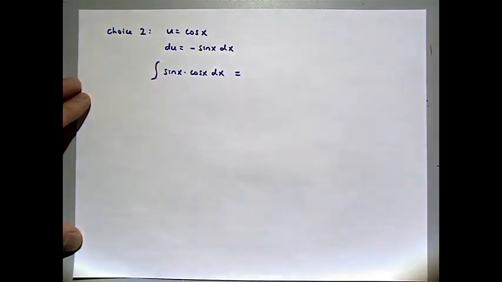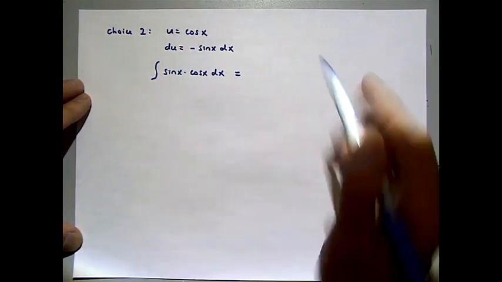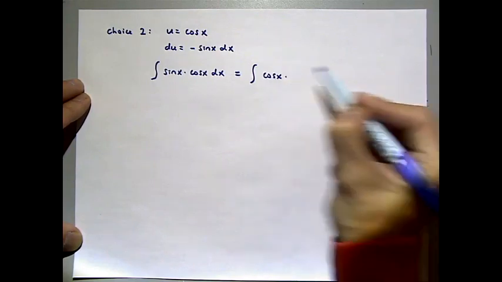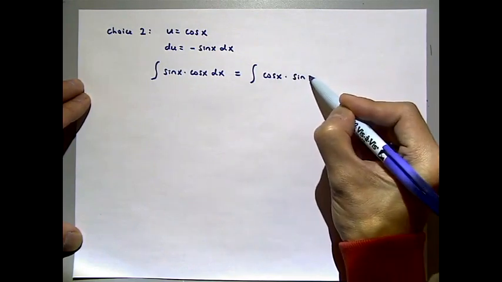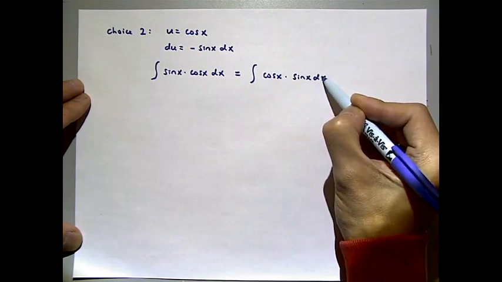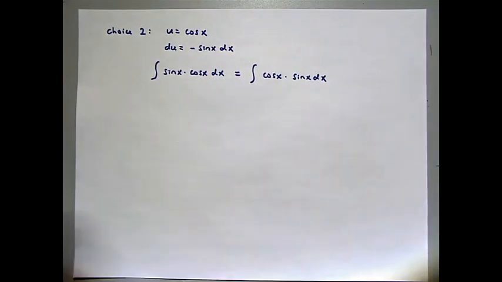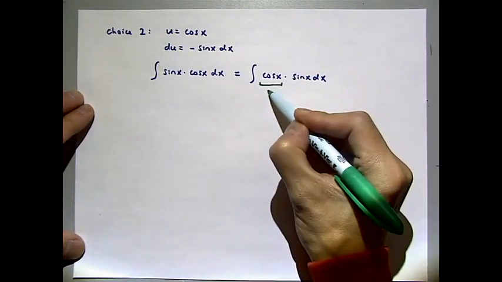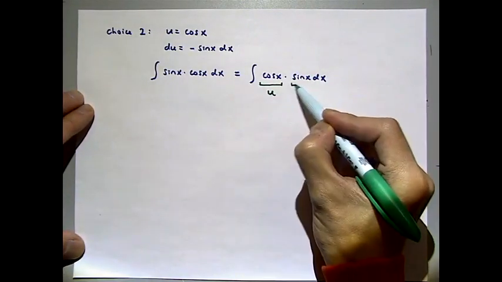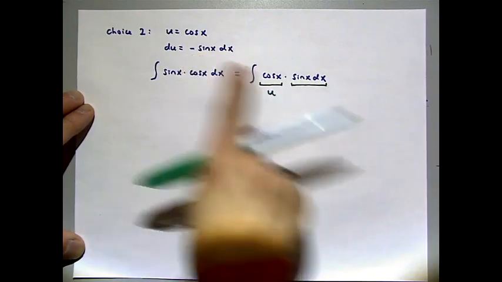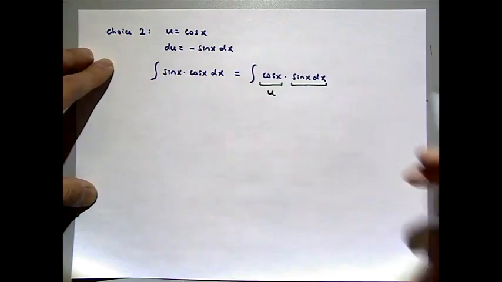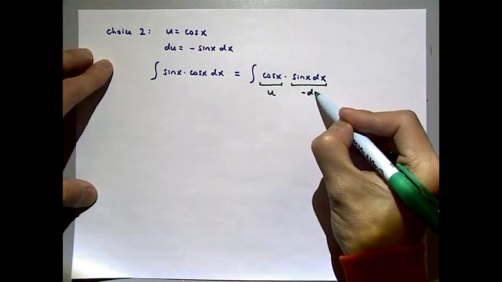If you use that choice of u, then the integral we're trying to solve is just a little bit more complicated, not by a whole lot. That's u, of course, right? And if I have a minus sign here, then that's du, but I don't. So I can multiply by -1, like we did with the last example.